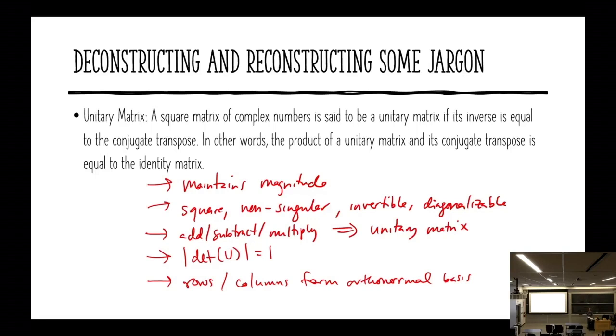What else? The modulus of every eigenvalue in a unitary matrix is 1. And I think the most important thing for us is that 1-qubit gates are always represented by 2x2 unitary matrices.